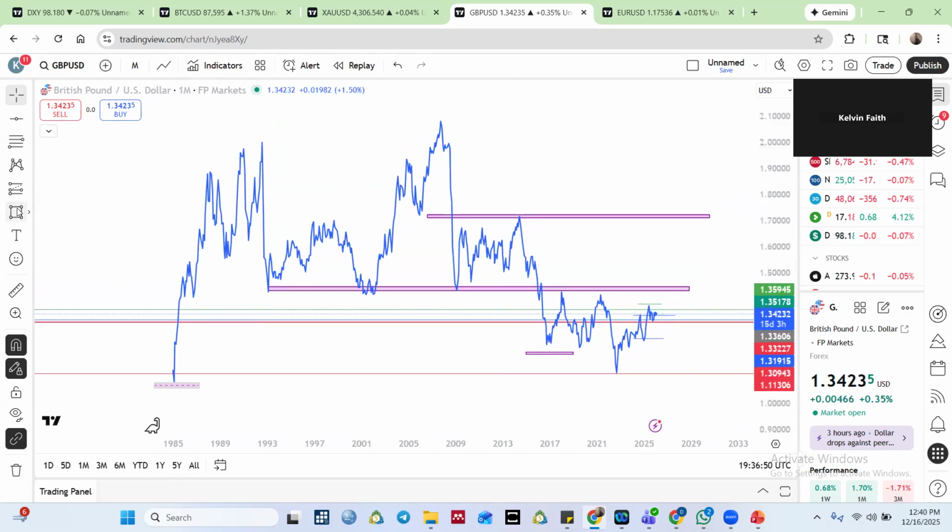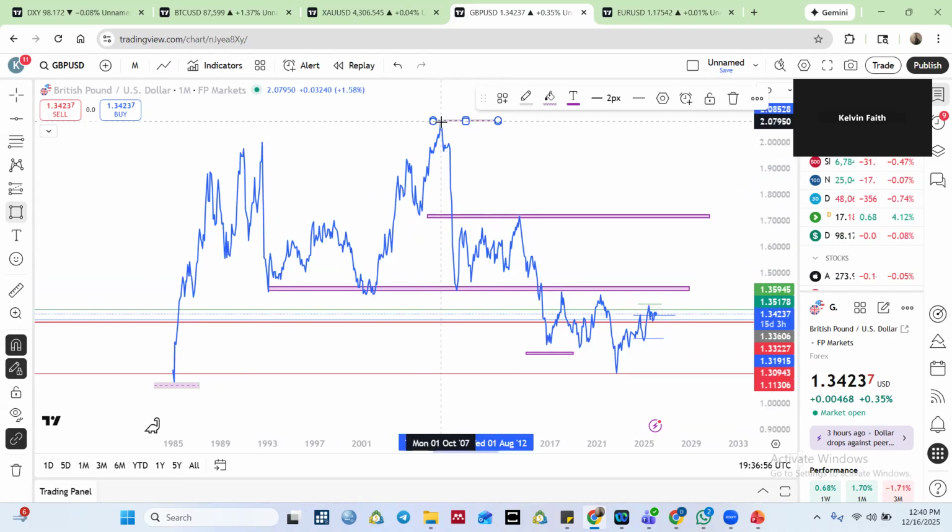It has been falling from this place here, up here. This area was what year? 2007. Yes, from 2007, it's been dropping to this place, targeting the 1980-something low, where price started from going up. Are you guys getting my point?